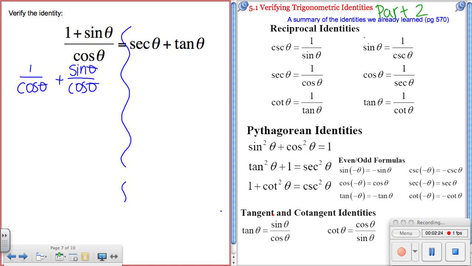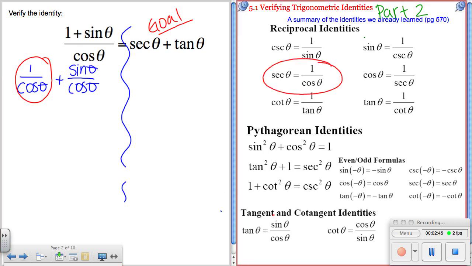All right, let's go back to where I started though. I have 1 over cosine theta plus sine over cosine theta. And let's take a minute and review our goal. Our goal over here is to get a secant plus a tangent. Well, the nice thing about 1 over cosine is that's the same thing as secant. So right now I have that secant that I'm looking for.